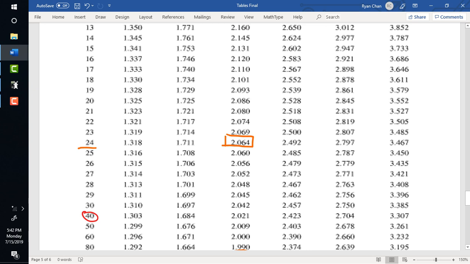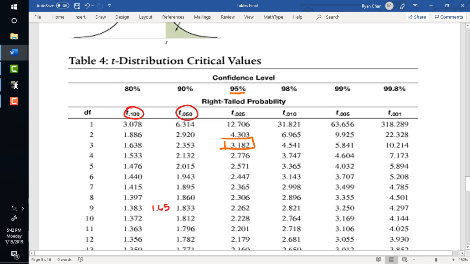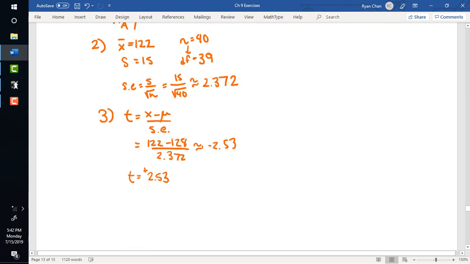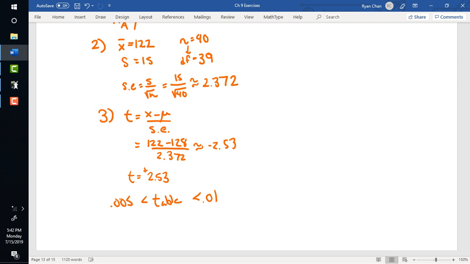And 2.53 is approximately right here. Okay, so it's between these two, right? 2.423 and 2.704. So I'm going to look up, and it's between 0.01 and 0.005. So that means my table is between 0.01 and 0.005. Now, since my alternate, we said it was less than, that means my p-value will just be exactly the same.